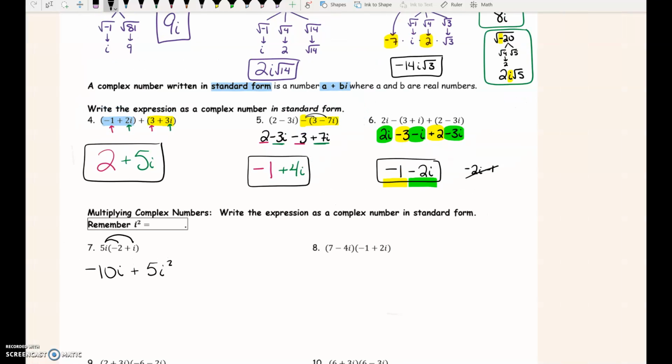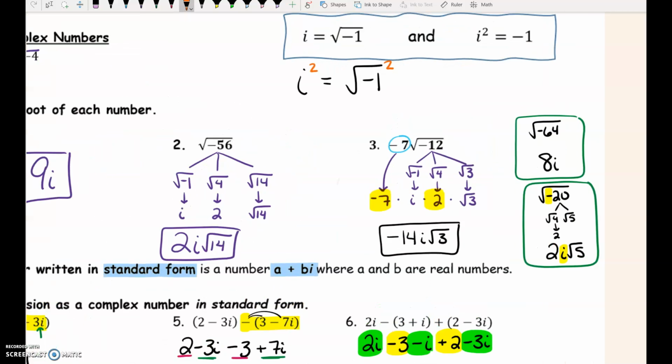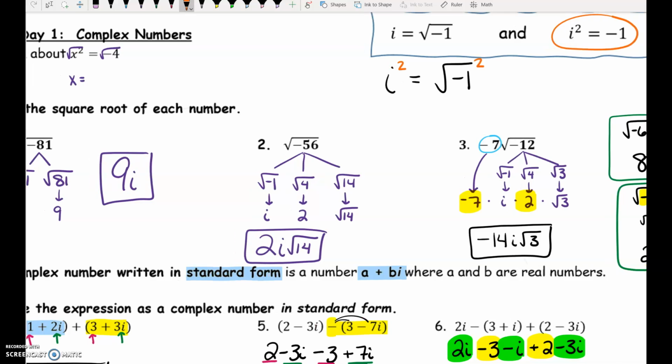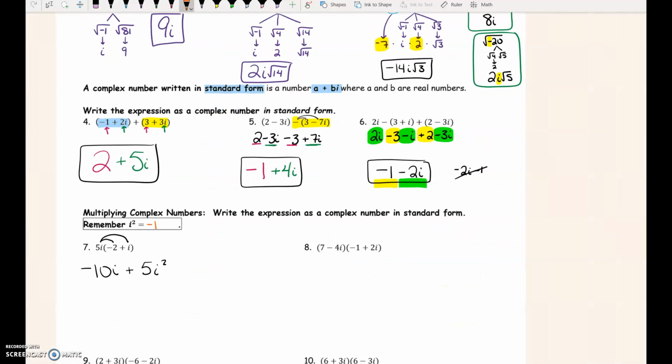Up at the top of the page, I put some rules. i squared is -1 because if I take i equals the square root of -1 and square both sides, the square and the square root will cancel each other out. So i squared equals -1. When we multiply, we need to remember that i squared equals -1.